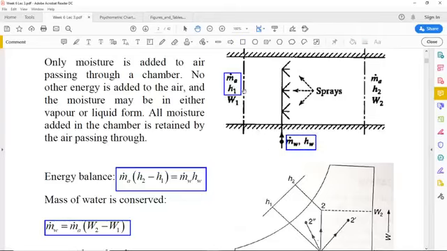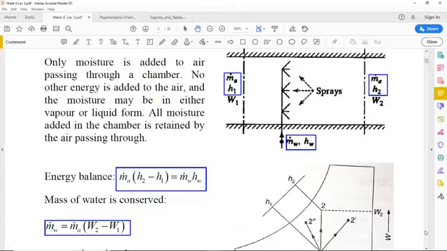So m dot A H1 plus m dot W HW must be equal to the energy content at the end of the process at state 2, which will be equal to m dot A H2. If we rearrange the terms by taking the terms which have m dot A on one side, we get m dot A times (H2 minus H1) is equal to m dot W HW.